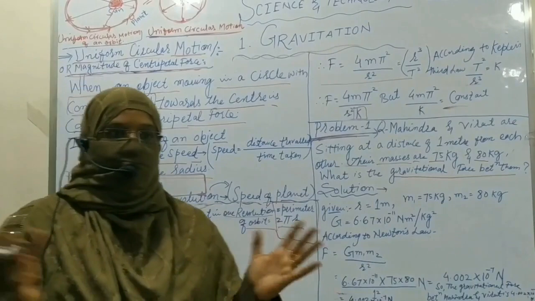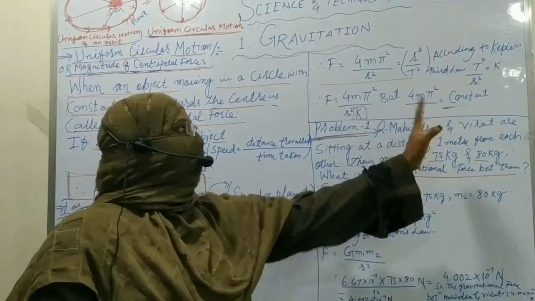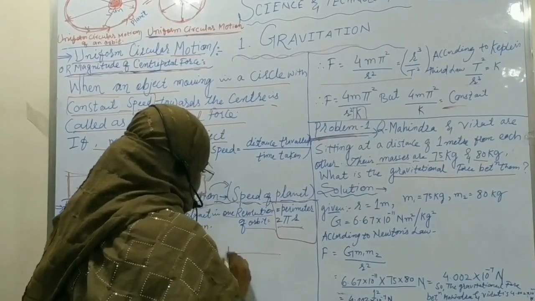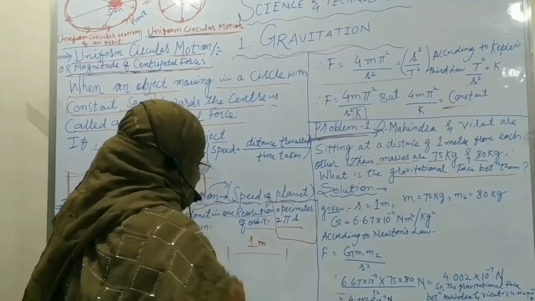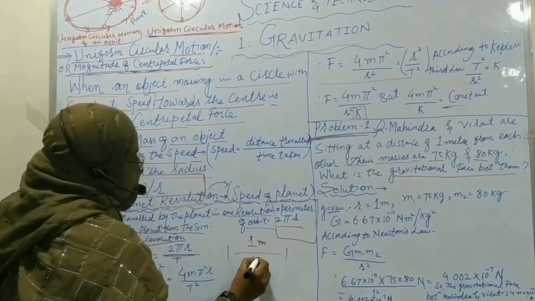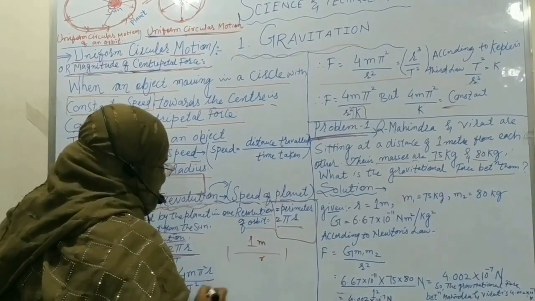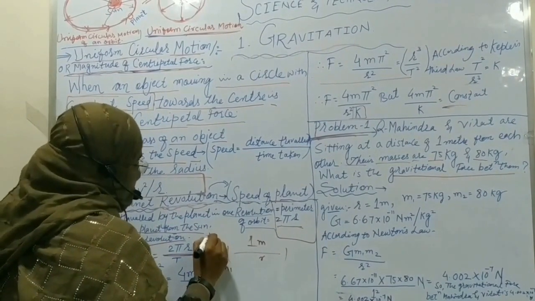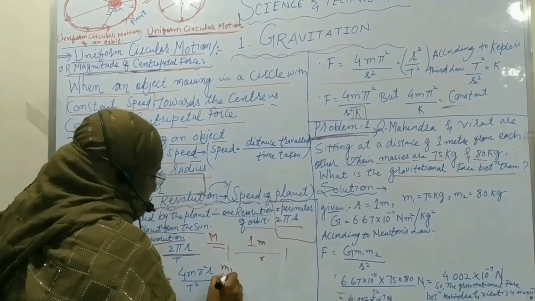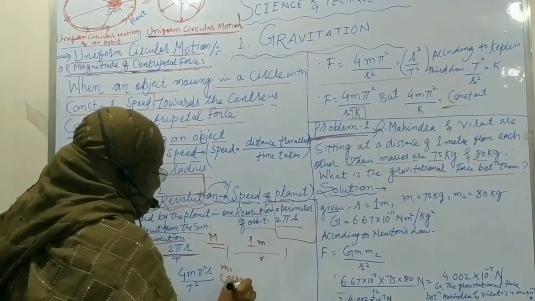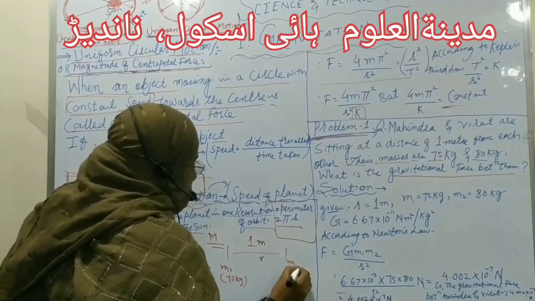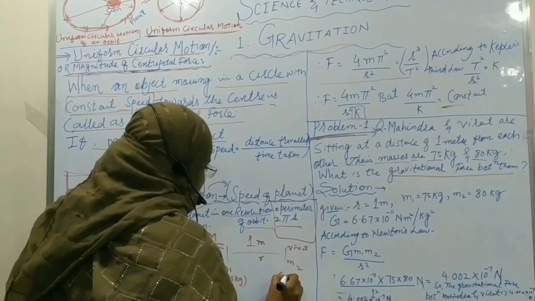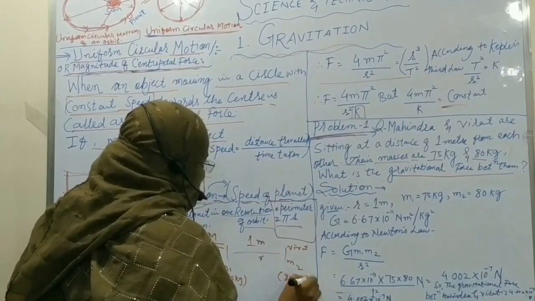Suppose there are two boys named Mahindra and Virat, seated at a distance of 1 meter from each other. Here the distance is 1 meter, M1, that of Mahindra, is 75 kg, and M2, the second boy, Virat, is 80 kg.